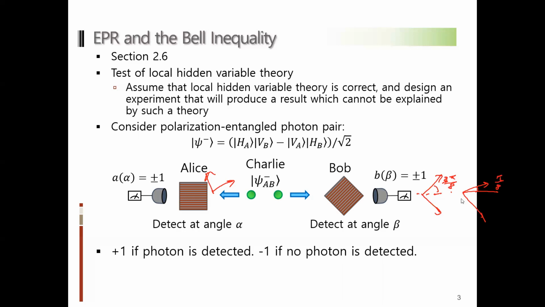So Bob can choose either of these bases, and Alice can choose either the 45-degree or the HV basis. Each of them decides which basis to measure, and each time they can randomly choose the basis.